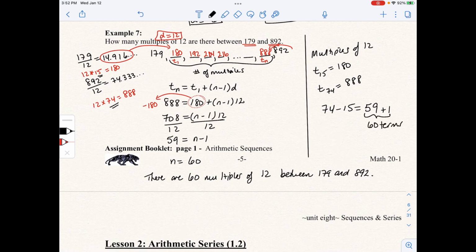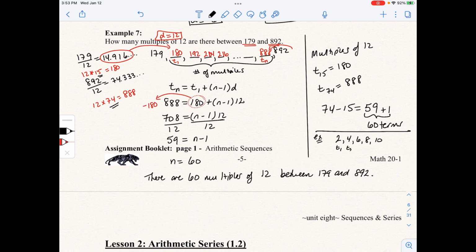So for example, what I mean by that is if I was just adding the terms, just as a mini example, if I were saying how many terms are there that are multiples of 2 between 0 and 10, well, we would say, well, there's 1, 2, 3, 4, 5 of them.